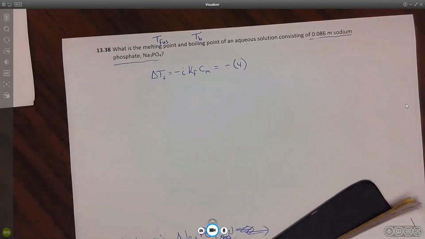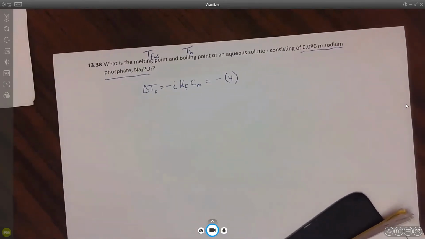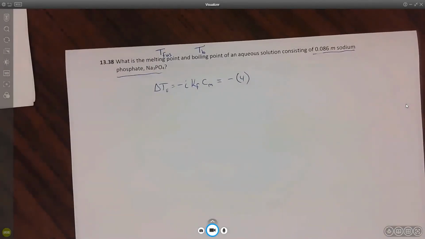A lot of tables. Okay, so here would be the table.